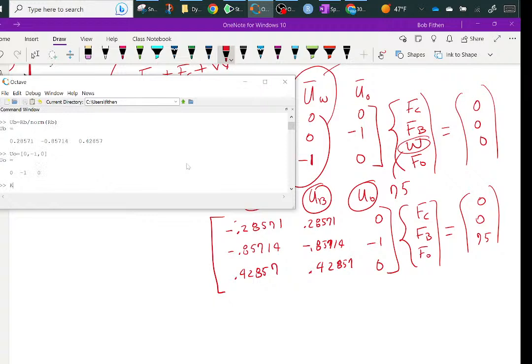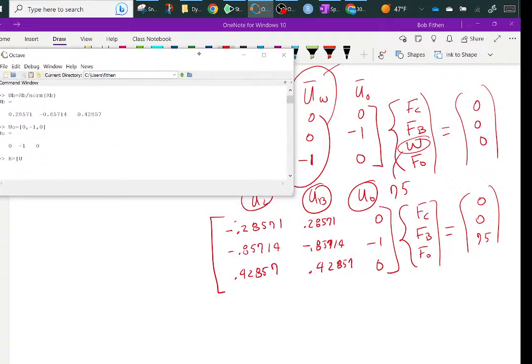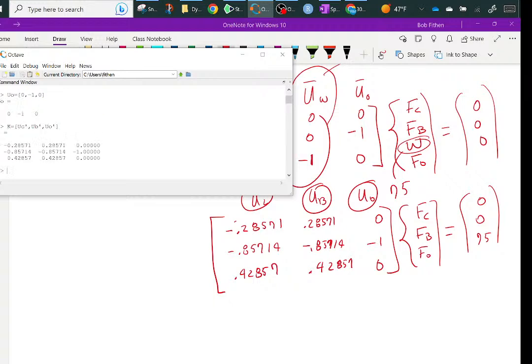Now I'm going to make a matrix K, which will consist of UC, oh, I've got to transpose that, UC, UB transpose, and then U0 transpose.